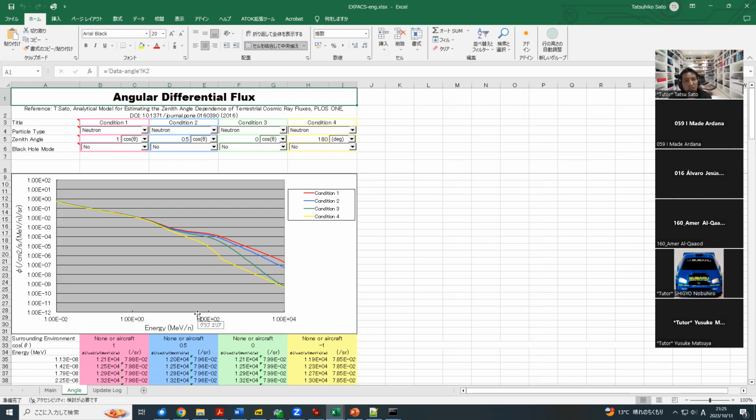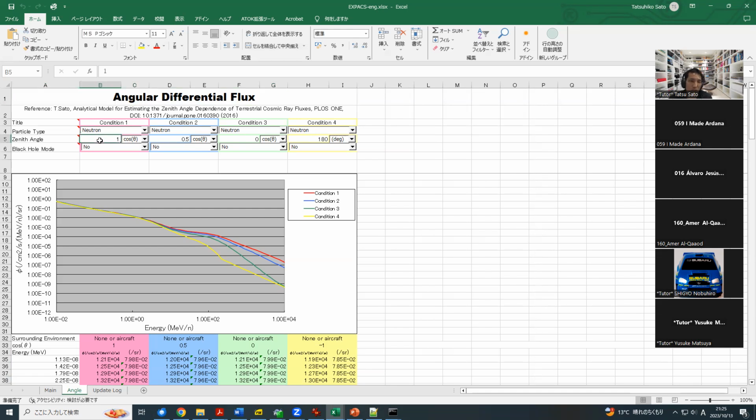So you can estimate the energy distribution of a certain angle cosmic ray. So here, the red line is the downward direction.